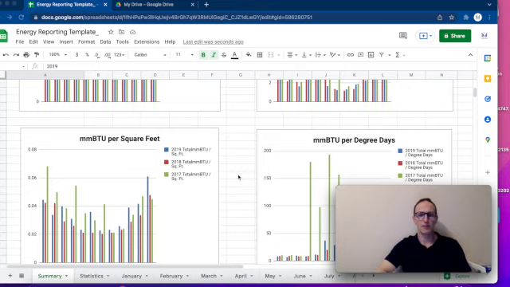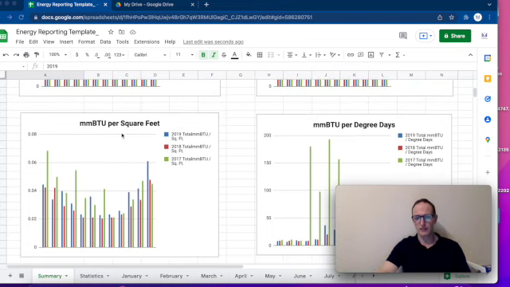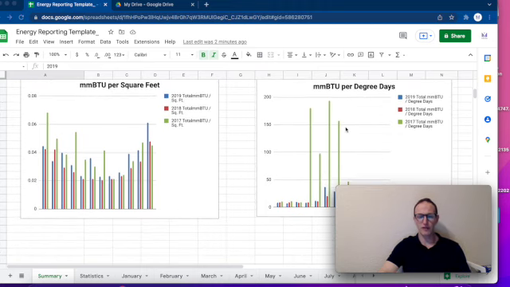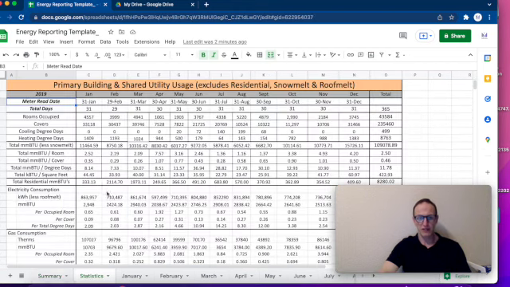So if it's improving efficiency in something, reducing inefficiency in others, so on and so forth. So it'll break it down to your BTUs per square foot, BTU per degree days, so that you'll know the temperature and BTU correlation.